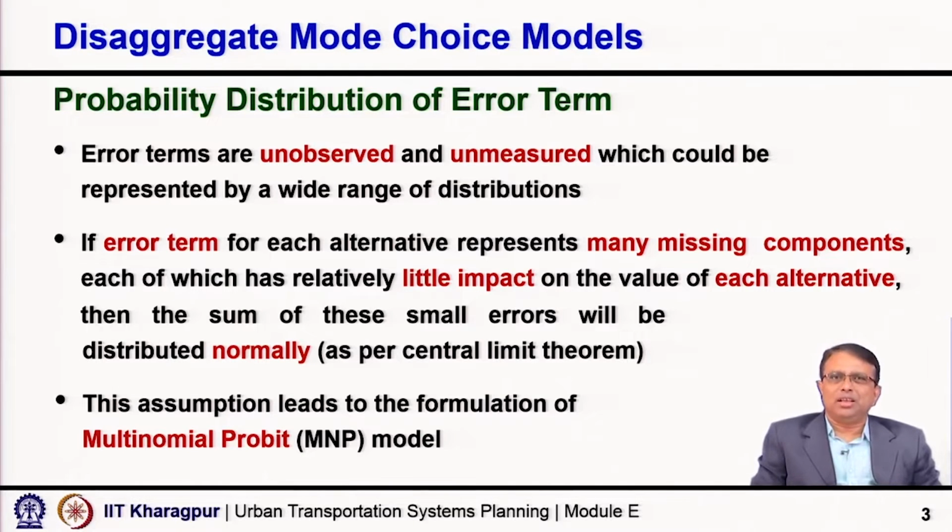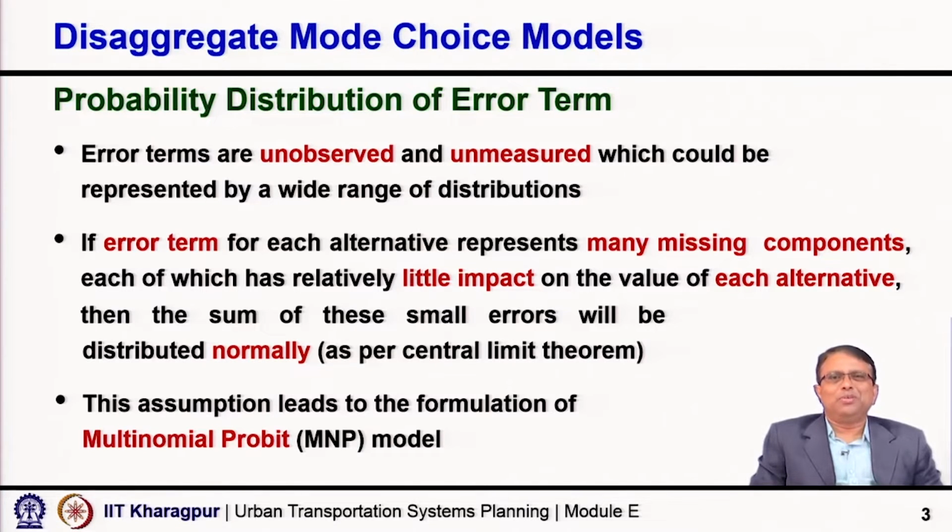First of all, the error terms are unobserved and unmeasured, which could be represented by a wide range of distributions. If we consider that the error term of each alternative represents many missing components, not one, each of which has relatively little impact on the value of the alternative, then as per the central limit theorem, the sum of all these small errors will follow a normal distribution.